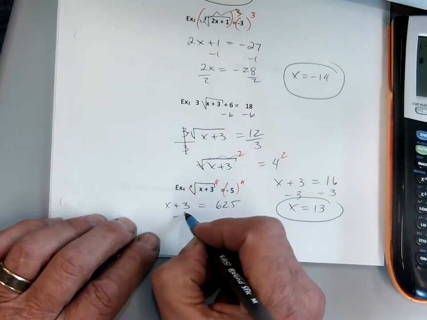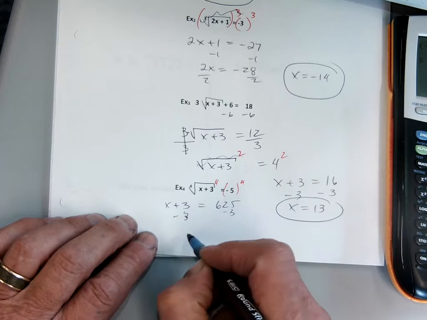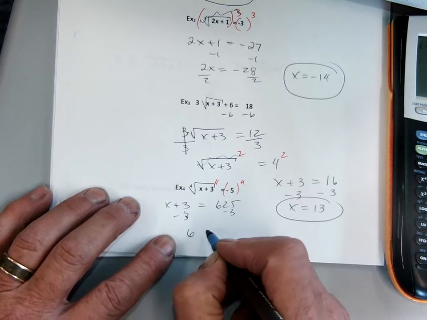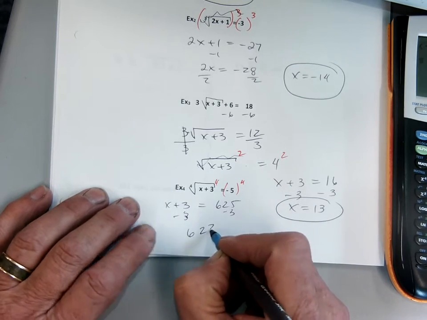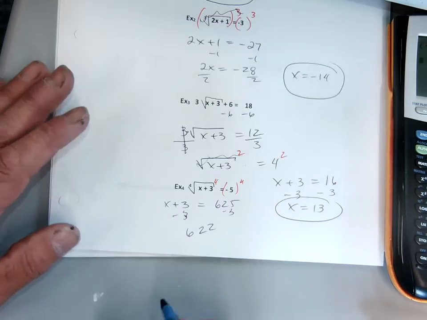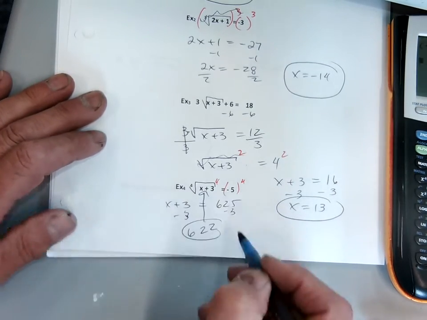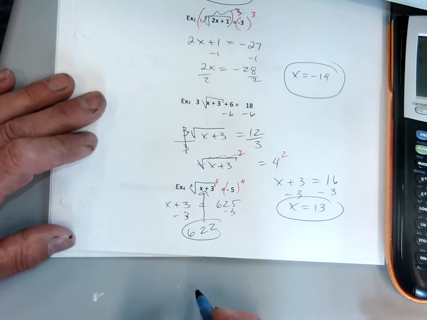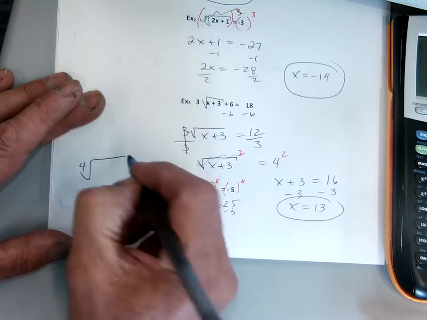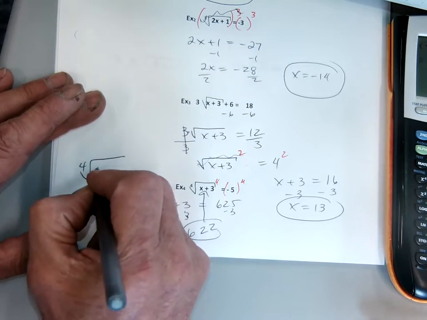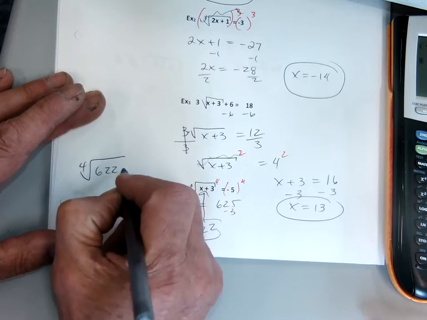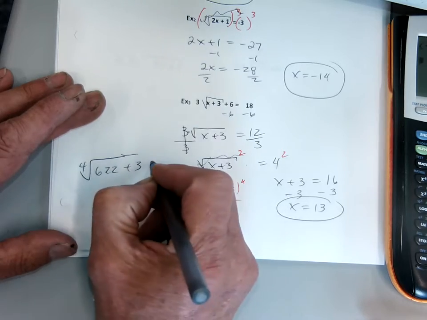Minus 3, minus 3. I get 622. Now watch. If I plug this in, I get the fourth root of 622 plus 3. What's that equal?